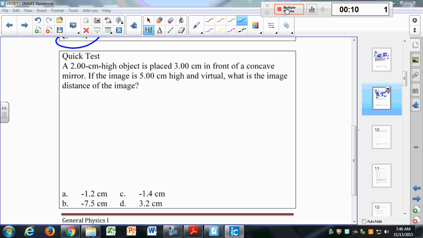I'm going to write your equations over here. We have m is negative q over p. 1 over f equals 1 over q plus 1 over p. And the magnification is also h_i over h_o, the image height over the object height.